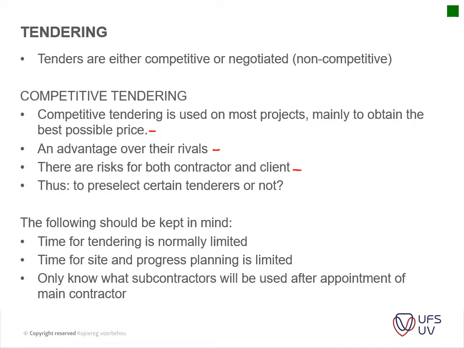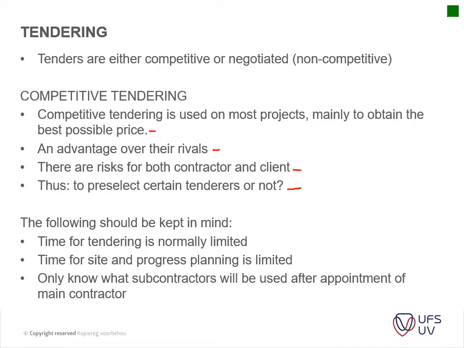Thus, to pre-select certain tenderers or not, that is the question. You can still have a combination of negotiations, where you maybe select three tenderers, where you think these three tenderers will give you a good quality, but you still make it open so that they actually have to compete against each other to get the job.